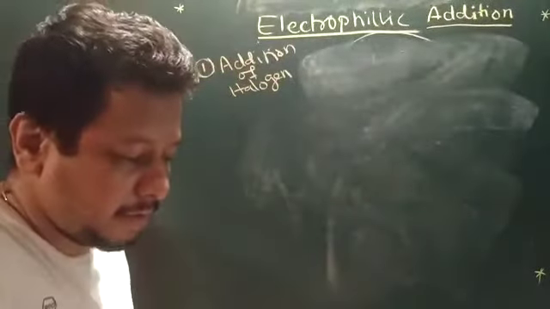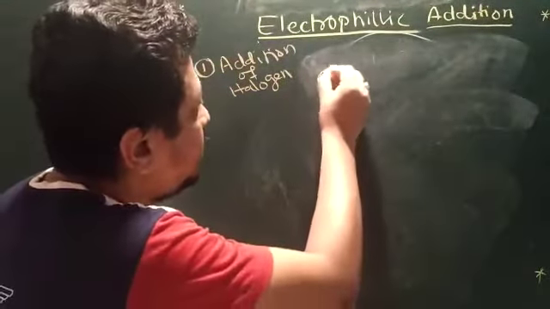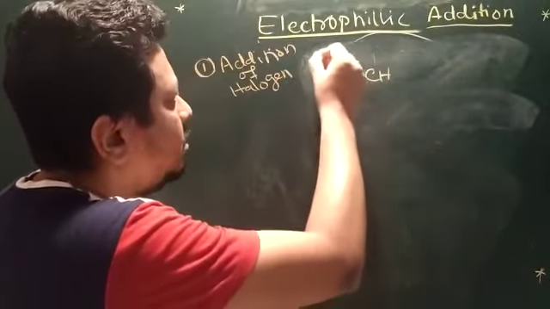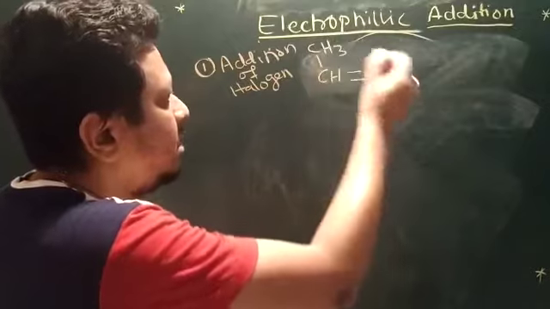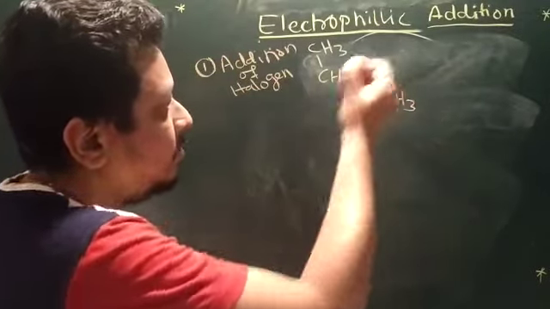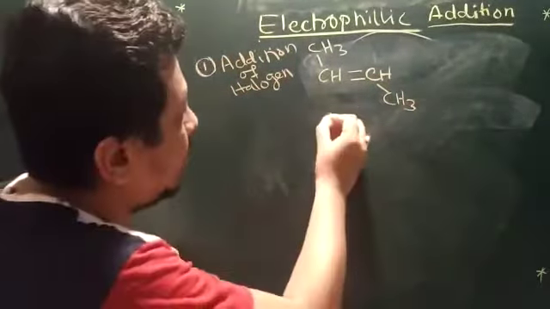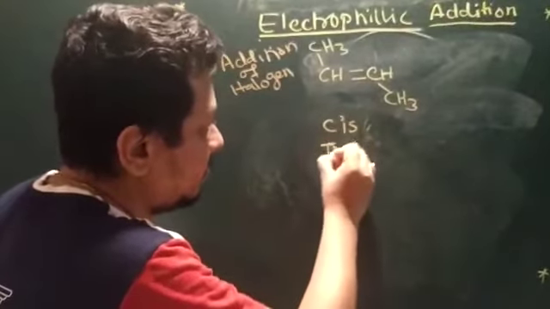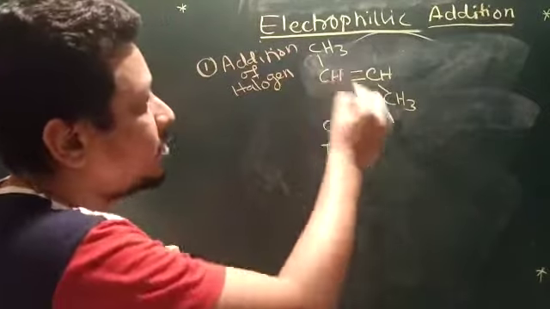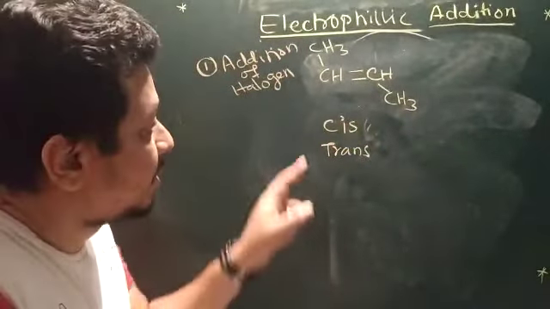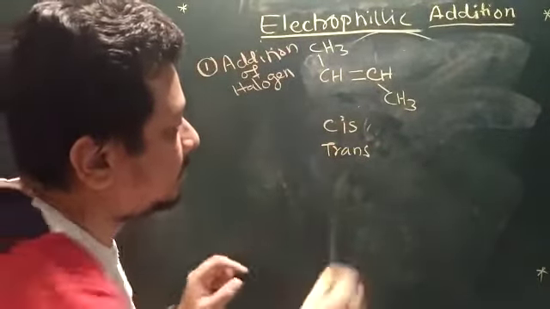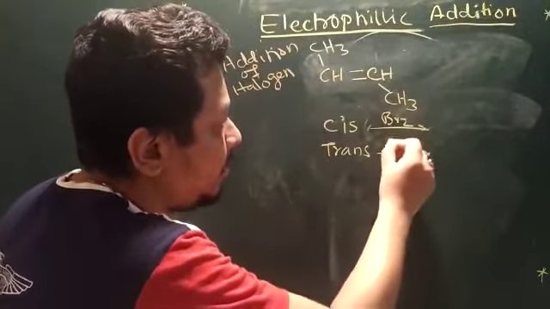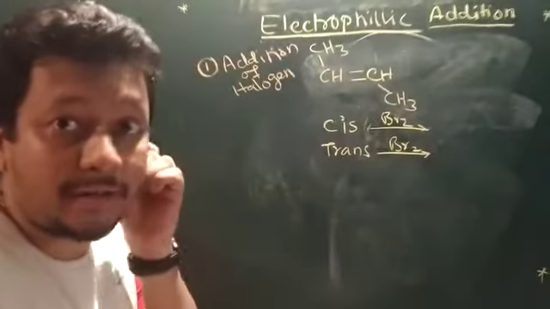For example, I have taken CH3 CH double bond CH CH3. So it can be cis, or it can be trans, depending on whether the groups are on the same or opposite side. Now if I started with the trans and go for halogenation, like bromination, then what kind of product will I get?